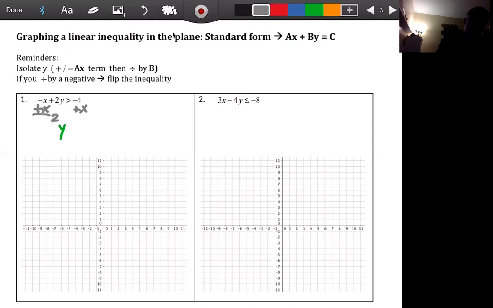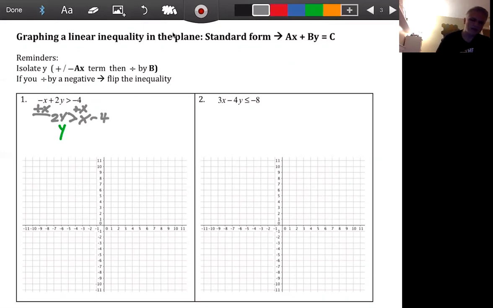So I've got 2y is greater than. Now I want to put my x first because I want it in mx plus b form. So I'm going to take that positive x and put it here first. And that 4 was negative, so I'm going to make that a minus 4.